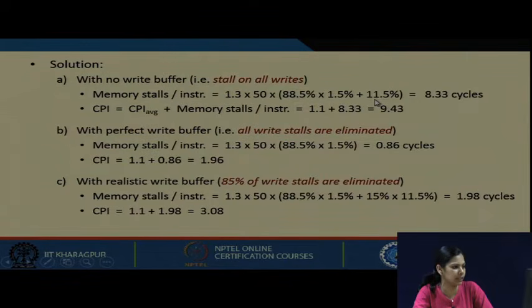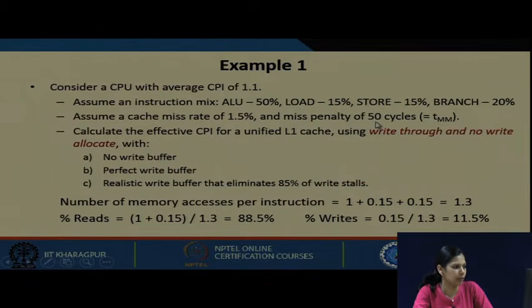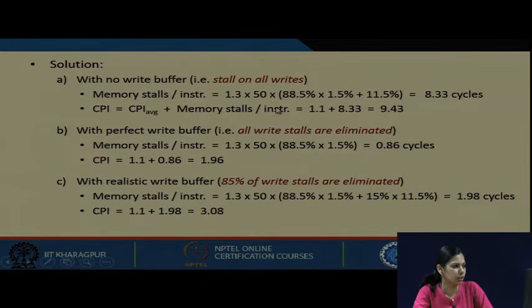So, we need to consider that as well. And what is 50? 50 is our miss penalty, so for miss penalty there will be 50 cycles. When we multiply 1.3 by 50 by this percentage, we get roughly 8.33 cycles. This is the total number of cycles that we are getting. That means this many memory stalls per instruction will be there.